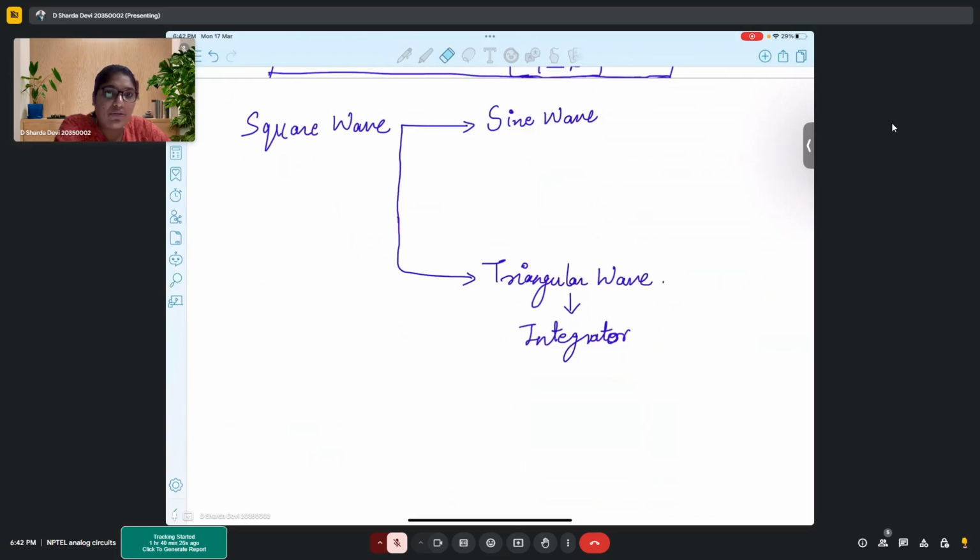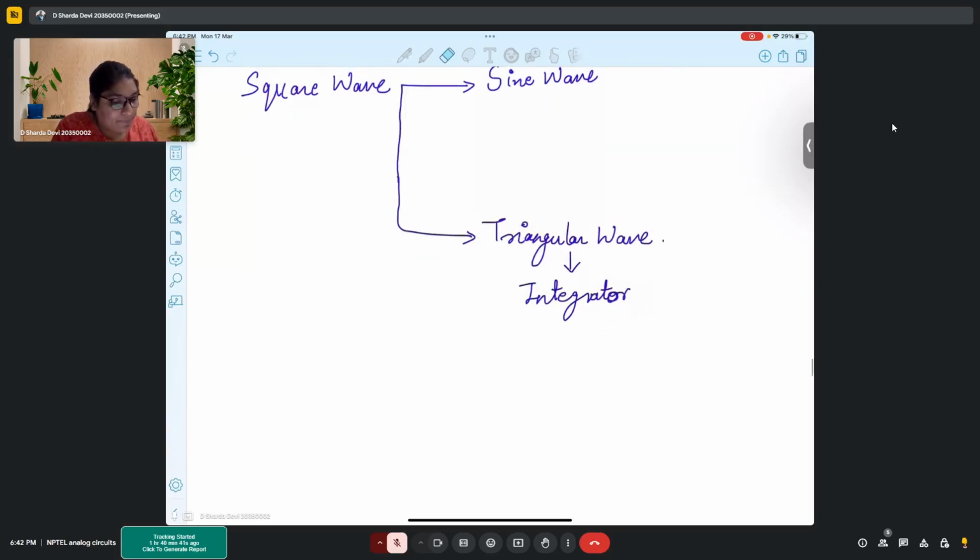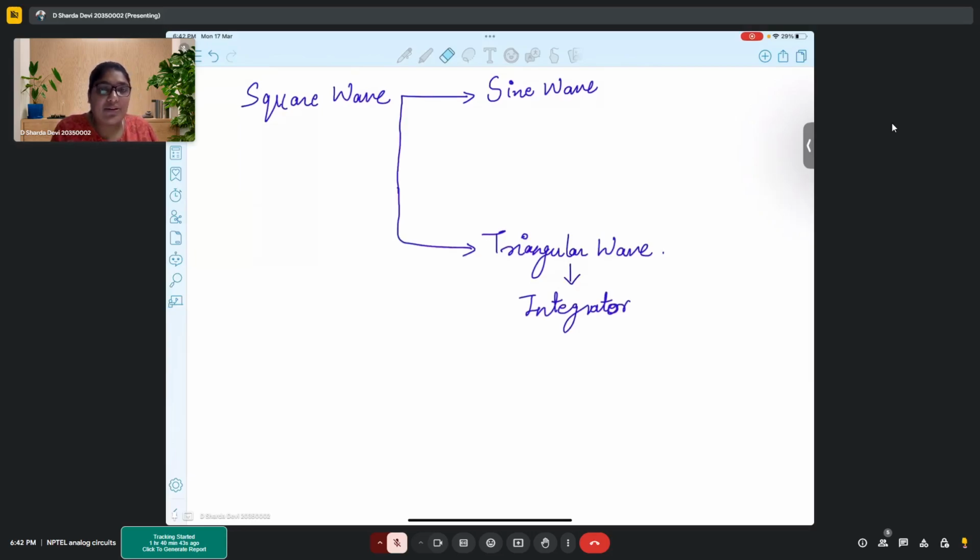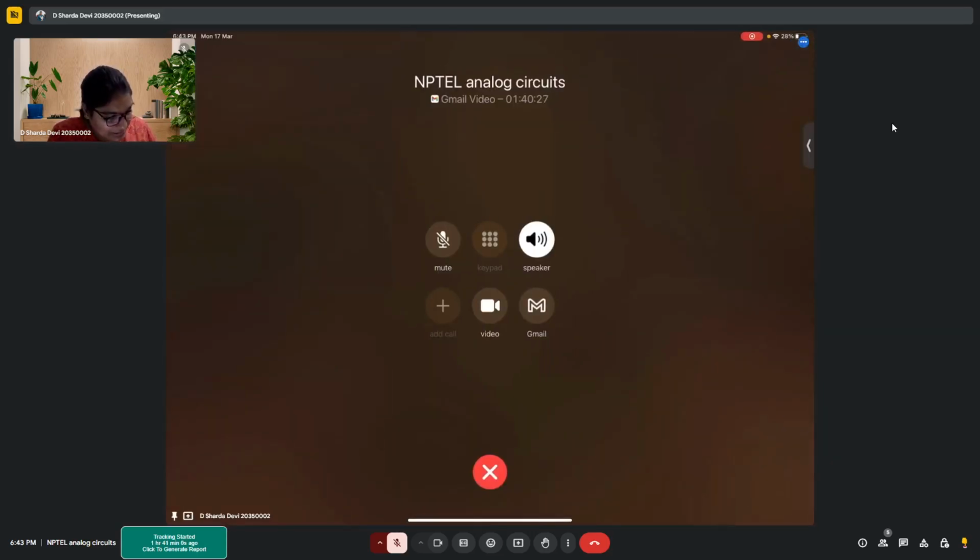I said both of them, an integrator or a differentiator. Madam, if we integrate a square wave, we'll get a triangle. Yes. And if we differentiate a triangular wave, we'll get a square wave. Yes. But if you differentiate a square wave, you would never get a triangular wave.